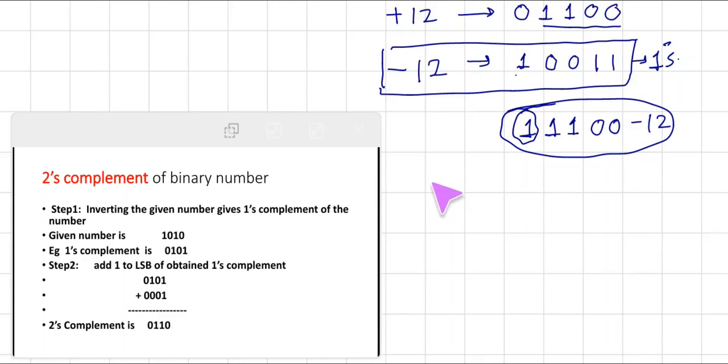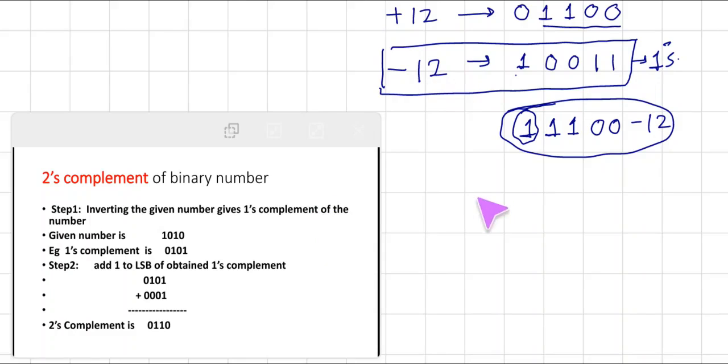We already saw a binary number system in which 0 represents a positive number and sign bit 1 represents a negative number. In case of ones complement, we saw the magnitude bits are complemented and the sign bit 1 is attached, and it gives a negative number. Now, using the 2's complement method. So what is the 2's complement method?